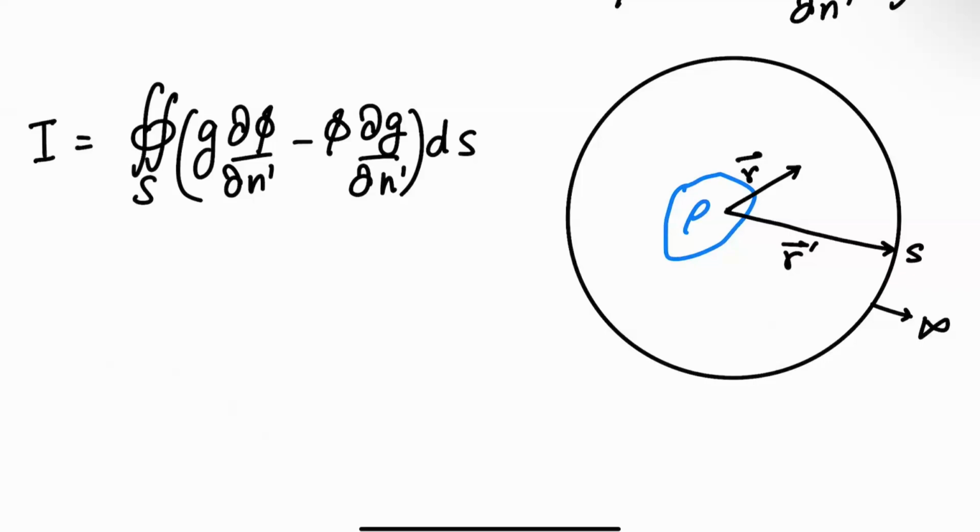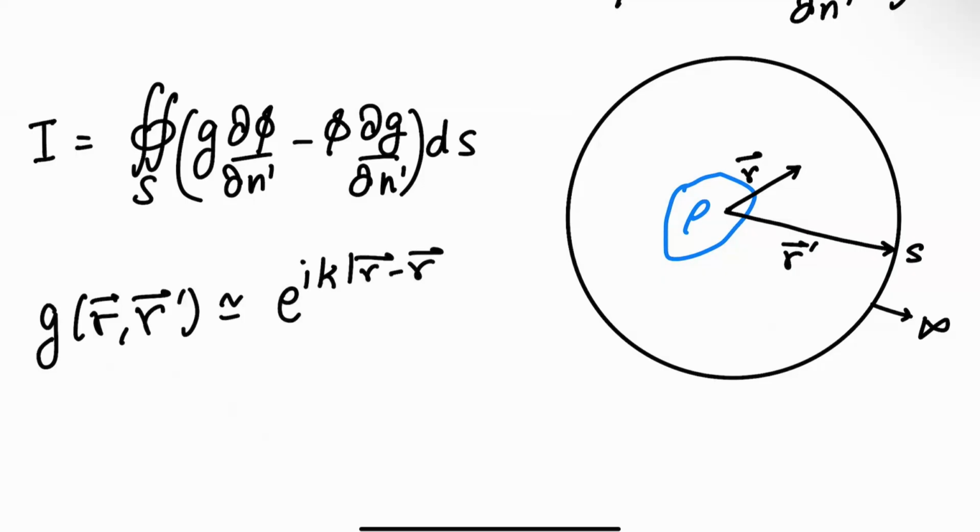So this is kind of the opposite case, where we have the observation point close by and the source point very far away. Under this approximation, g(r, r') is approximately equal to e^(ik|r−r'|) divided by |r'|, since r' is much greater than r.